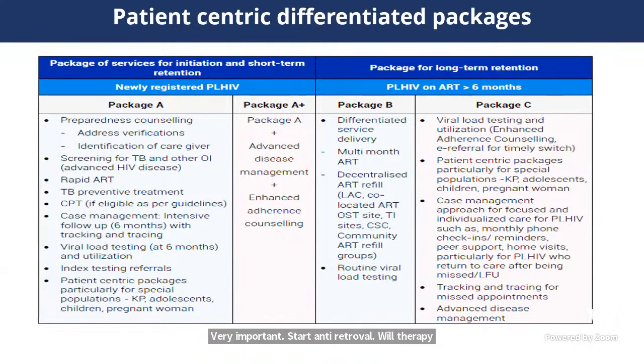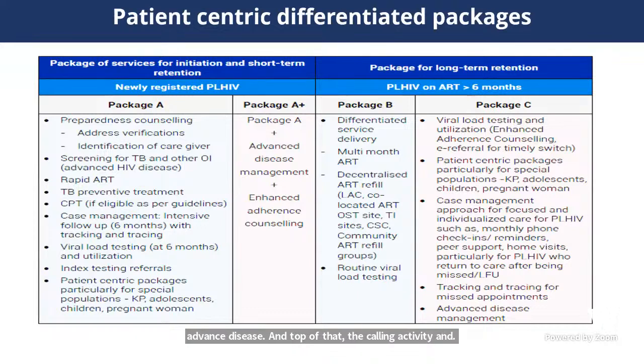Third important thing, if you do not have a CrAg test within your centers, the national guidelines recommend starting everybody who is in CD4 less than 100 on fluconazole preemptive therapy. So this again is another important thing. Cotrimoxazole prophylaxis to all with CD4 count less than 350 and adherence counseling. This is the package of care that we need to provide for advanced disease. And on top of that, the calling activity and referring this one.